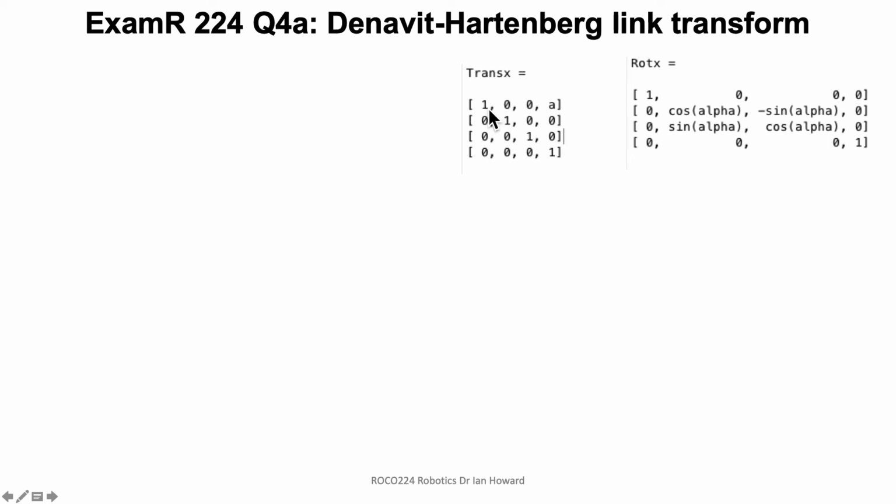Again, this is a homogeneous transformation matrix, so the 3 by 3 rotation matrix component in this case is the identity matrix. Translation on z, it's only going to be the z axis which is actually going to be affected, so we have 0, 0 in x and y, and d along the z axis.